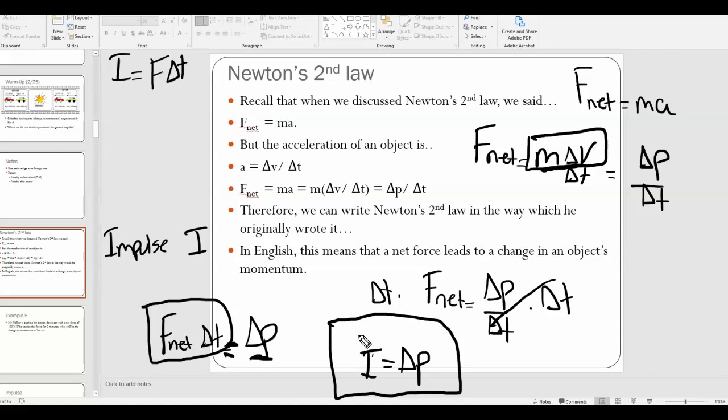There's only two things you need to worry about in this unit: the impulse momentum theorem and conservation of momentum. So this is half the unit in this one tiny equation. It says that the impulse acting on an object is equal to its change in momentum. Pause there, make sure you have that in your notes.